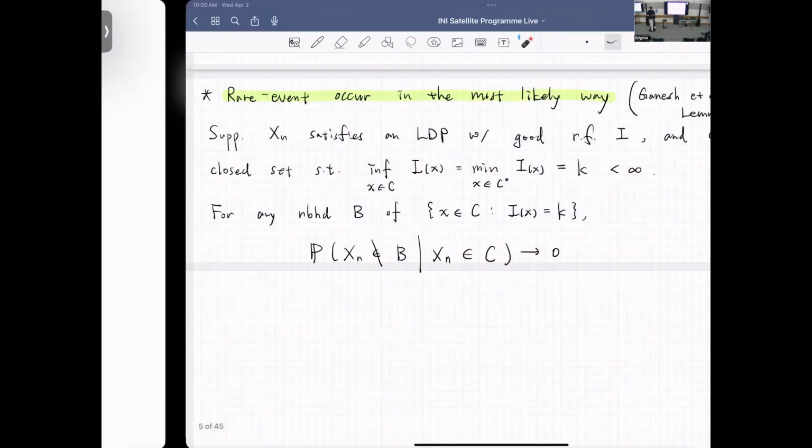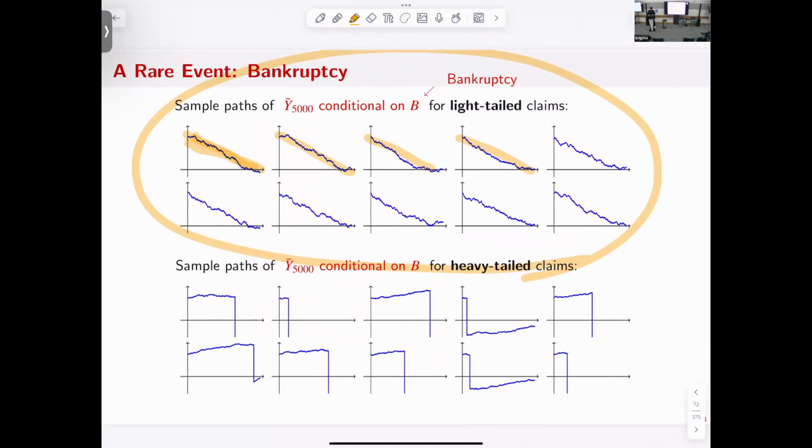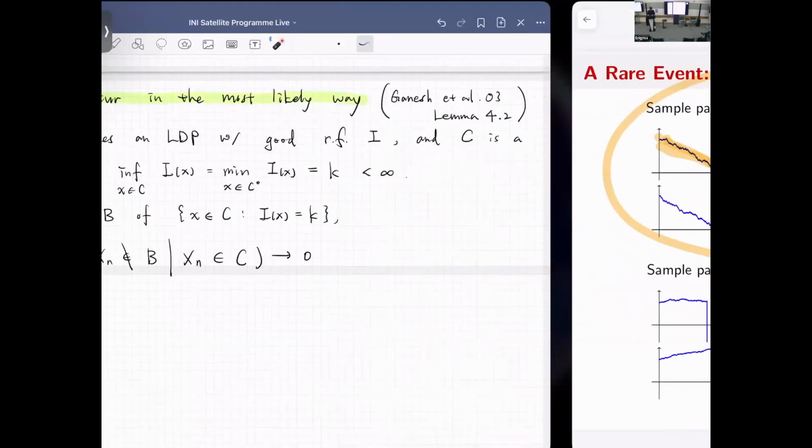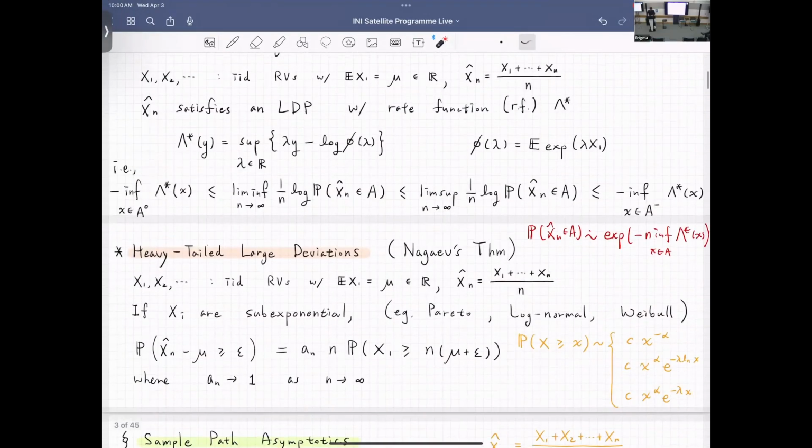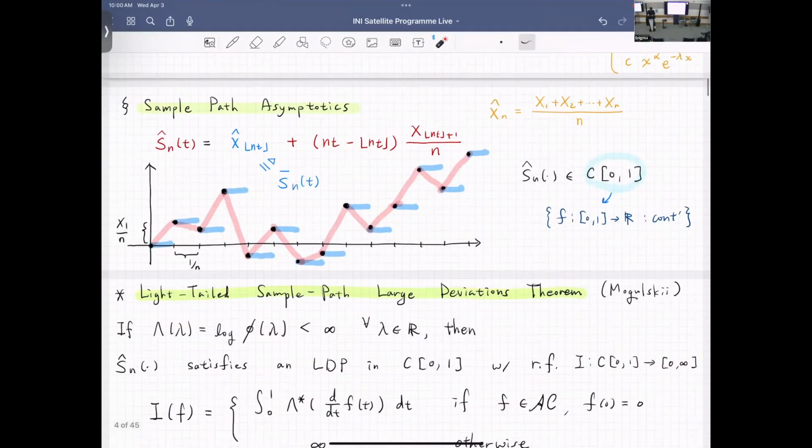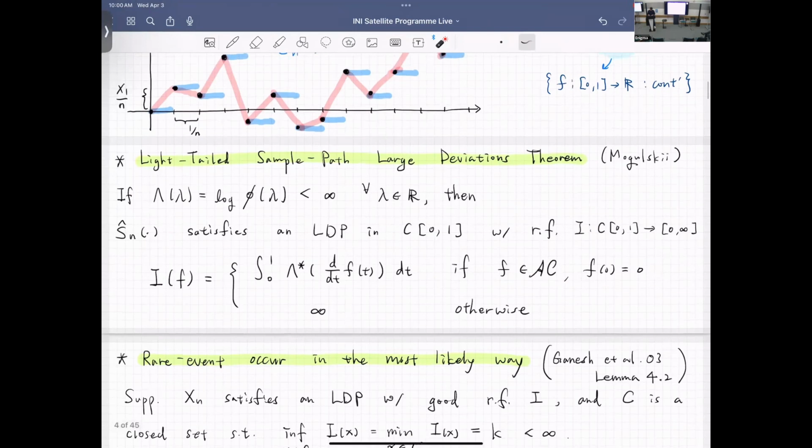Yeah. So if you go back to these, the precise straight line is the most likely reason. Remember the variational problem in Mogulskii's theorem that we solved. So I is in this form.